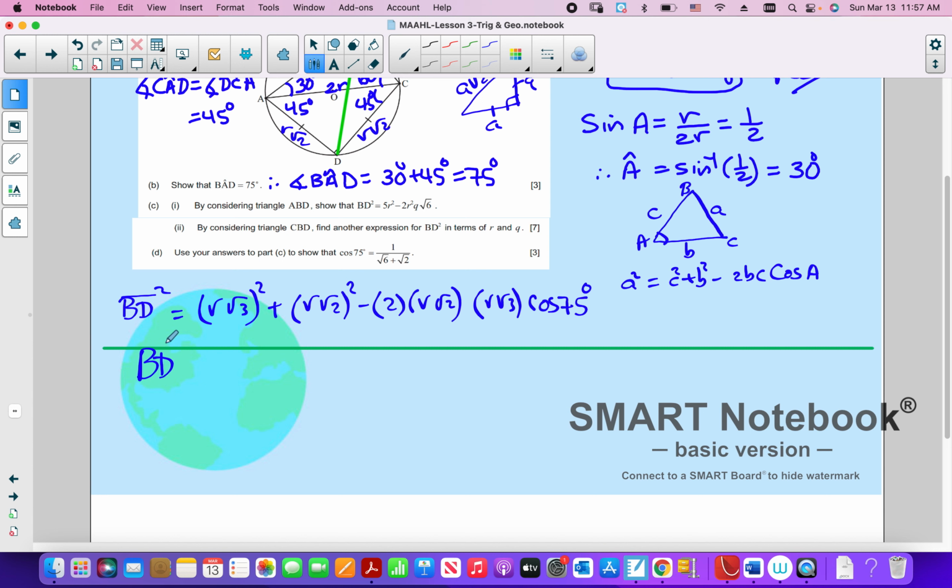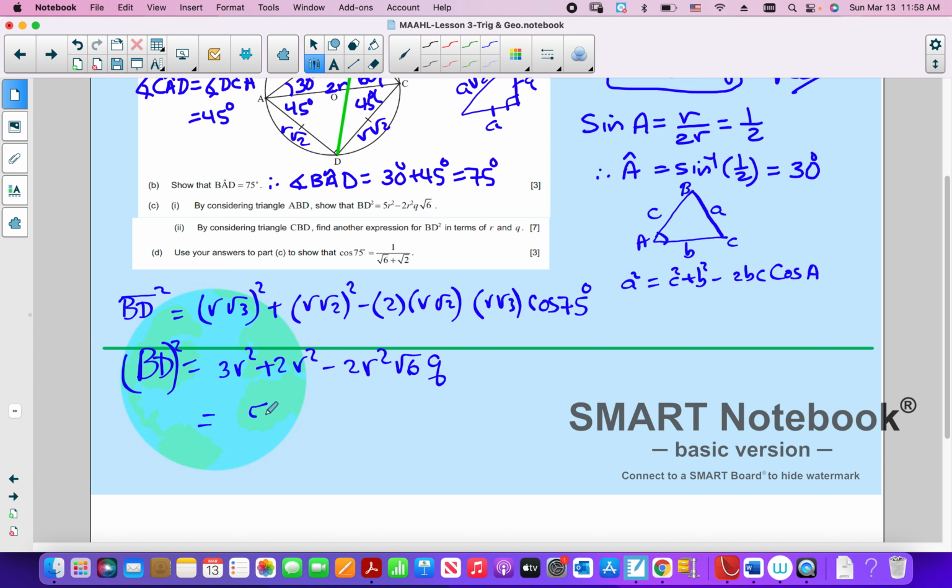BD squared is equal to 3R squared plus 2R squared, minus 2R squared root 2 times root 3, which is root 6, and cosine 75 is a cube.